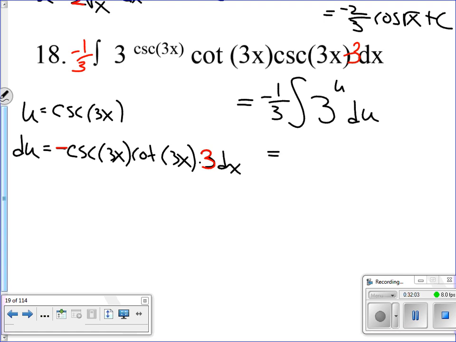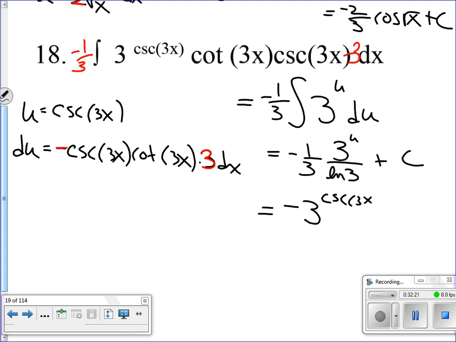And when you integrate a to the u, you get a to the u over the ln of a, so we'll get 3 to the u over the ln of 3 plus c. So our final answer is negative 3 to the cosecant of 3x over 3 ln of 3.